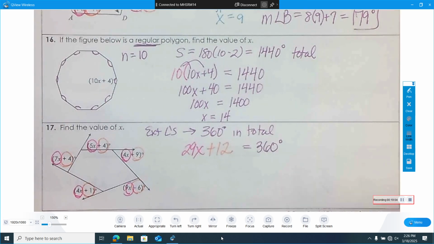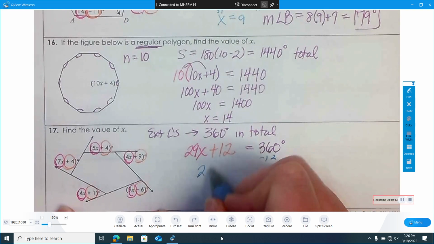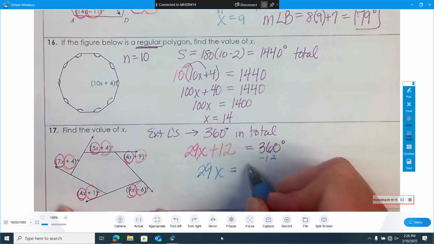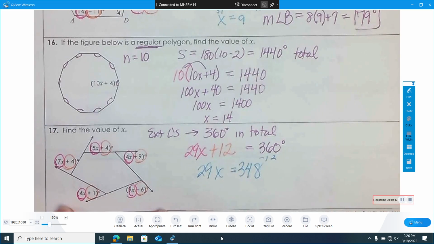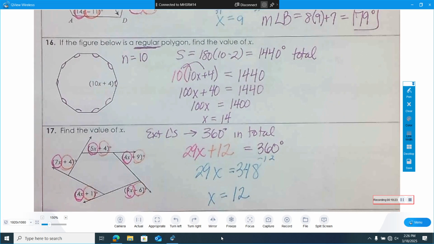Very good. Plus 12. Regular numbers total 12. And then we need to solve. What should we do? Minus 12. Very good. So we get 29x equals 348. And then divide by 29. And we get 12.